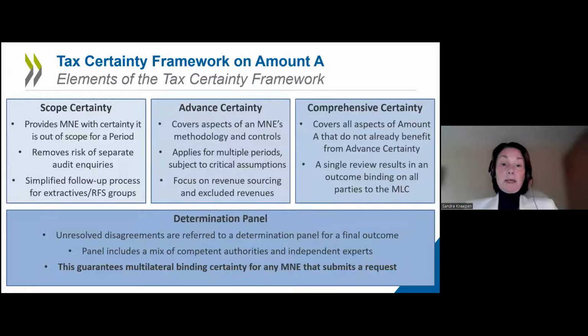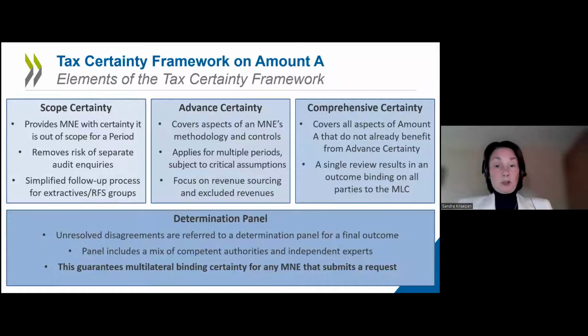The first one being that an M&E may request scope certainty to get certainty upon whether they are, or more importantly, are not in scope of the rules. By obtaining that certainty, they would remove the risk of separate audit inquiries in several parties identified by the M&E in its request.